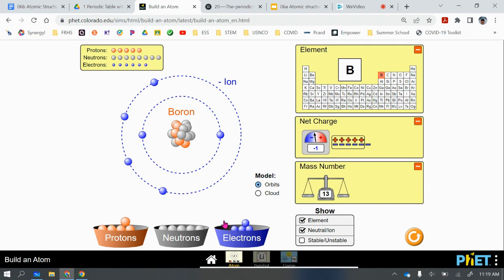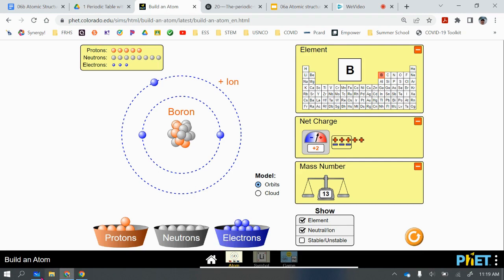Okay, so we had to take a couple of neutrons out of the nucleus, and now I'm removing some of the electrons, because I wanted to have a +2 charge, right? So we would have 3 electrons in order to create a +2 charge. That would give us 5 protons and 3 electrons for a +2 charge.